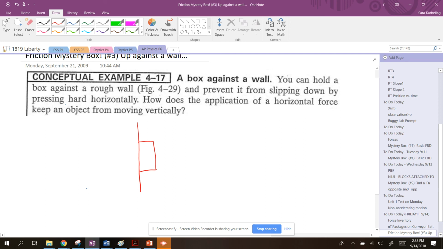Yeah, it would be up relative to the wall, because gravity is pushing down.